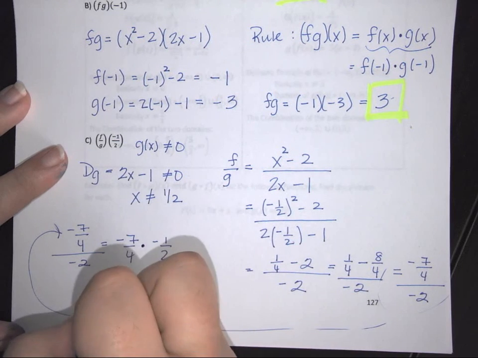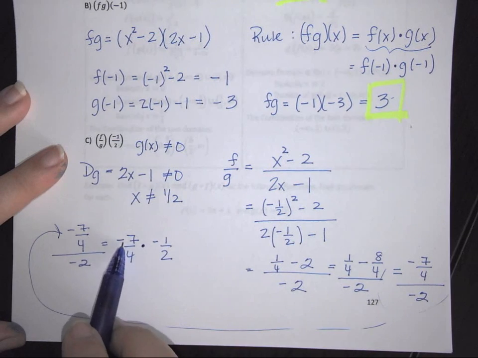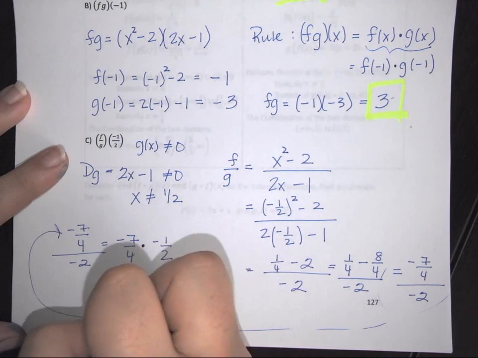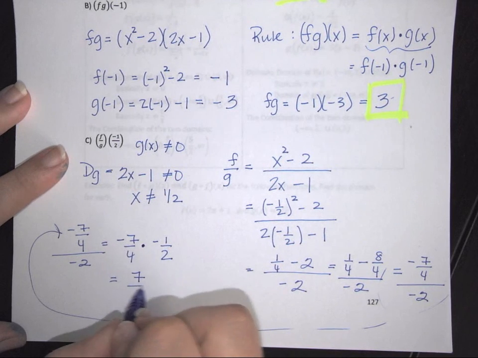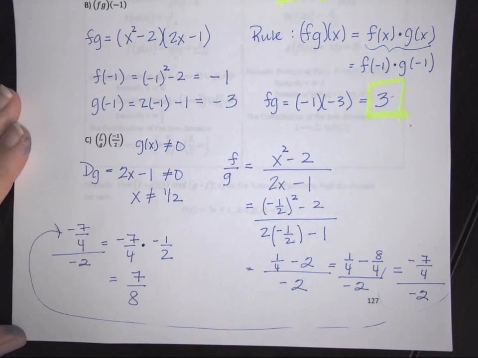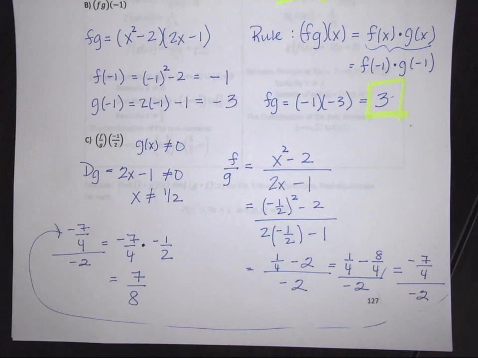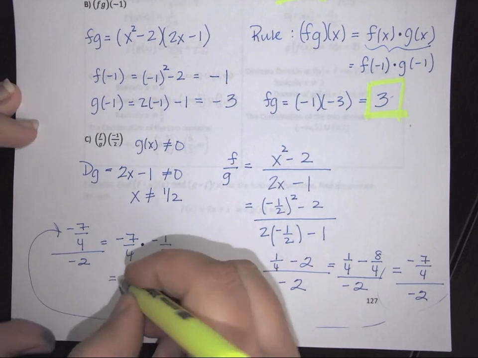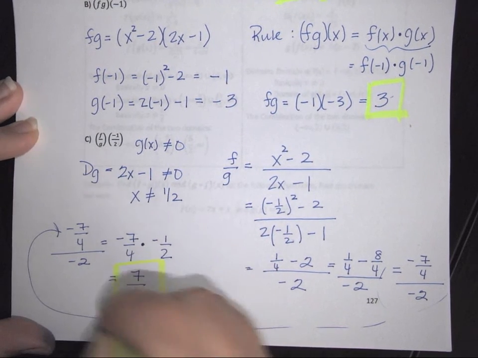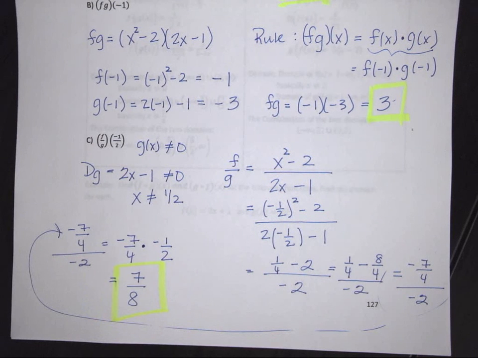Multiply straight across the top and straight across the bottom. Negative 7 times negative 1 is a positive 7. 4 times 2 is 8. Okay? And so here, this is the end result for doing f divided by g and evaluating at negative 1/2, which is 7/8.